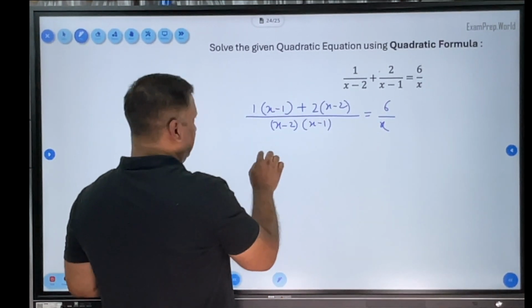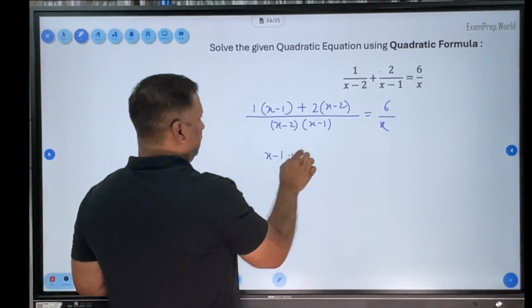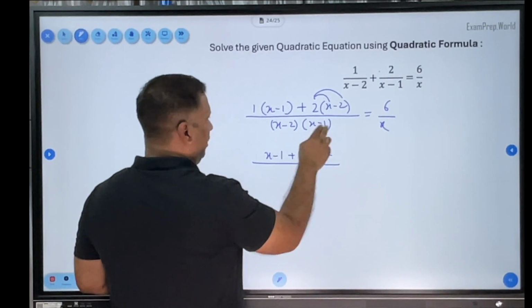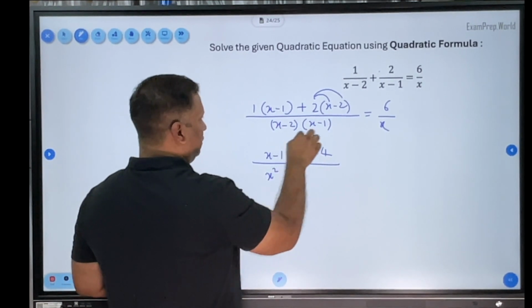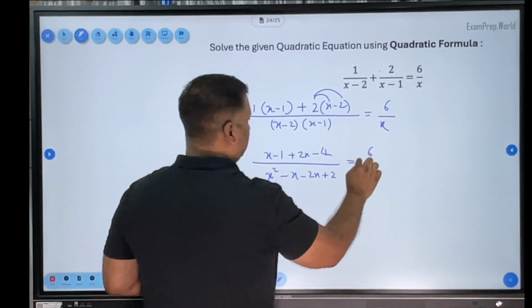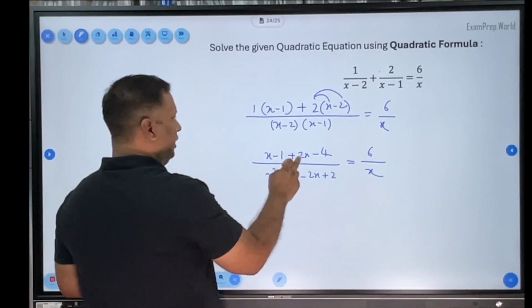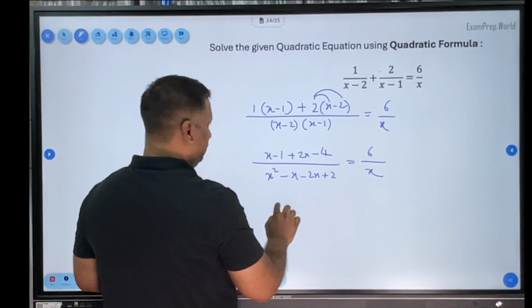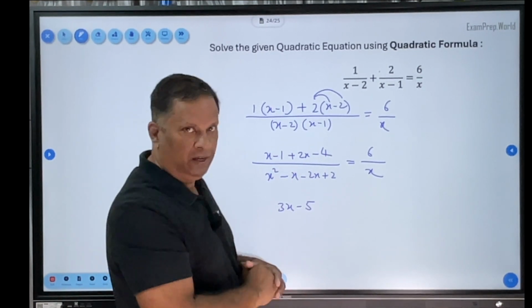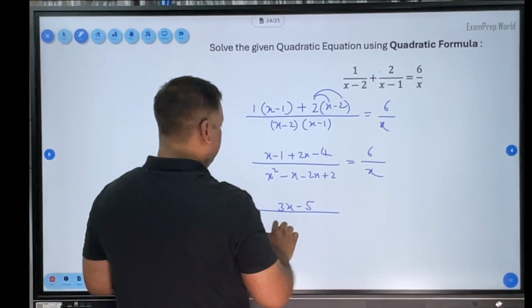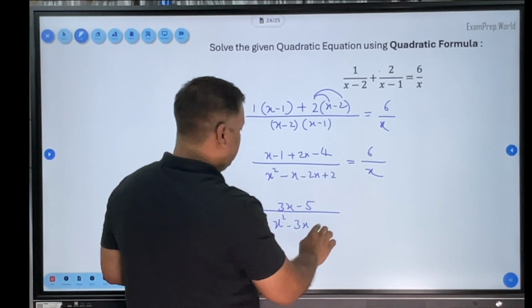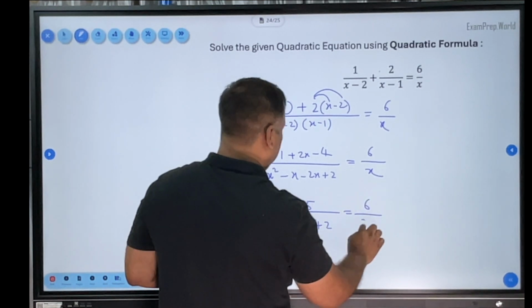So let's calculate this. 1 times (x minus 1) is x minus 1, plus this multiplies with both, 2x minus 4, and multiply this one: x square minus x minus 2x plus 2 equals 6 upon x. So now here we have common terms x and 2x. So this becomes 3x minus 5, since negative 1 and negative 4 become negative 5, divided by x square, negative x and negative 2x becomes negative 3x, plus 2 equals 6 upon x.